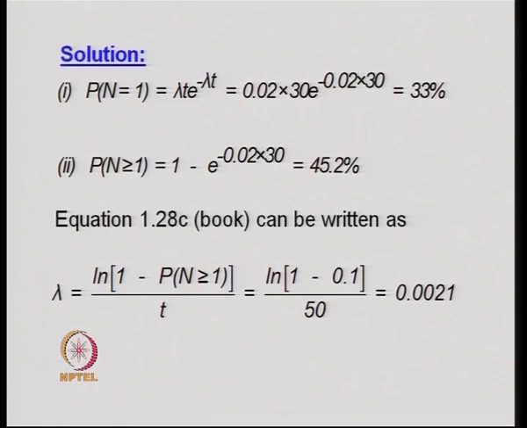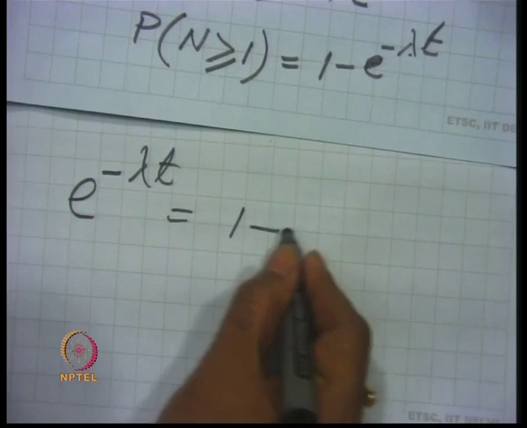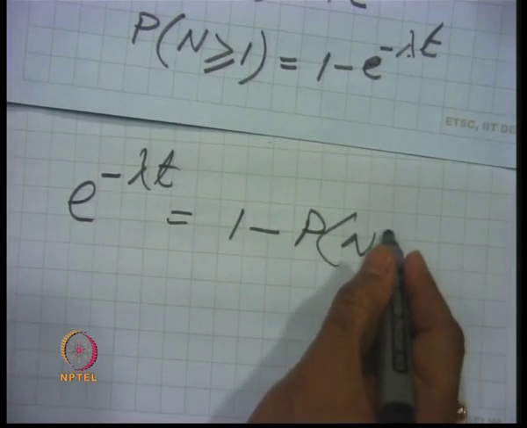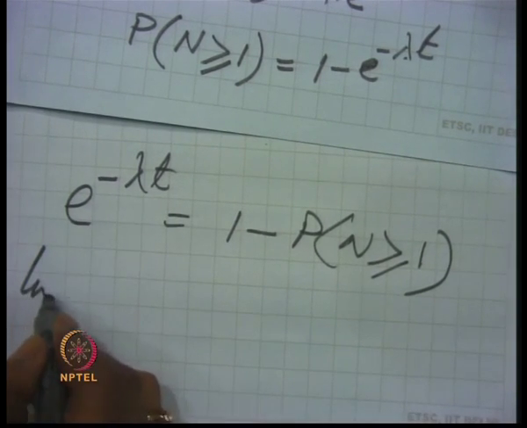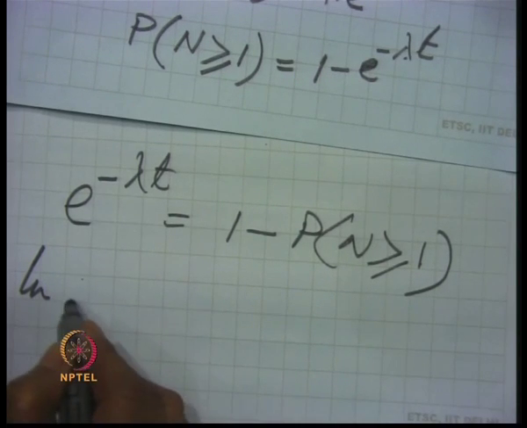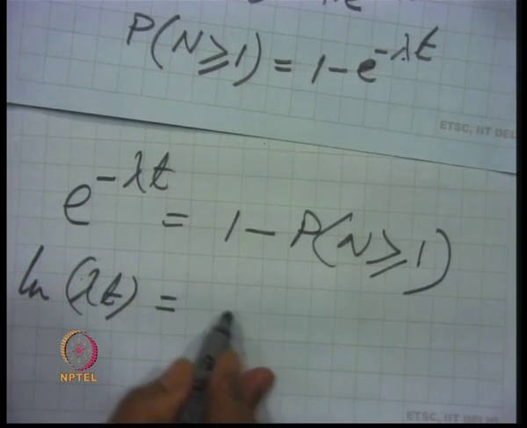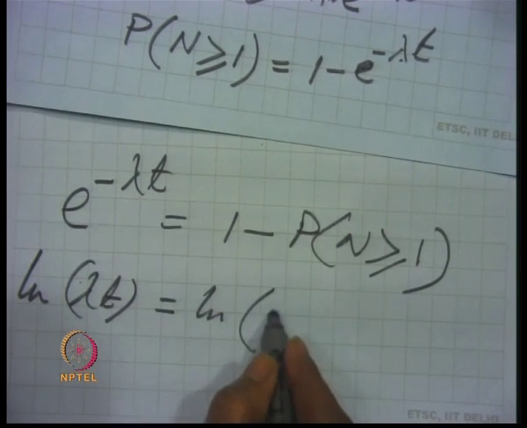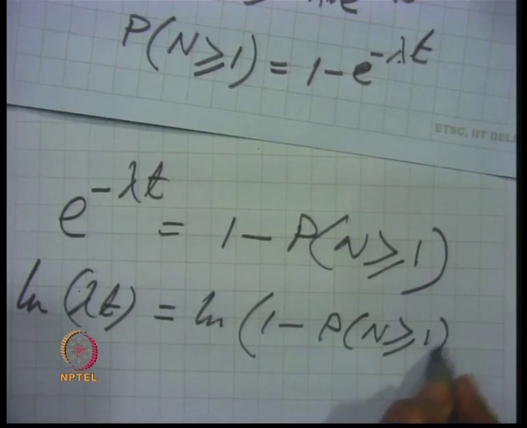Now, this equation can be rewritten in the form of e to the power minus lambda t is equal to 1 minus P(N greater than or equal to 1). So, ln of lambda t will be equal to ln of 1 minus P(N greater than or equal to 1).